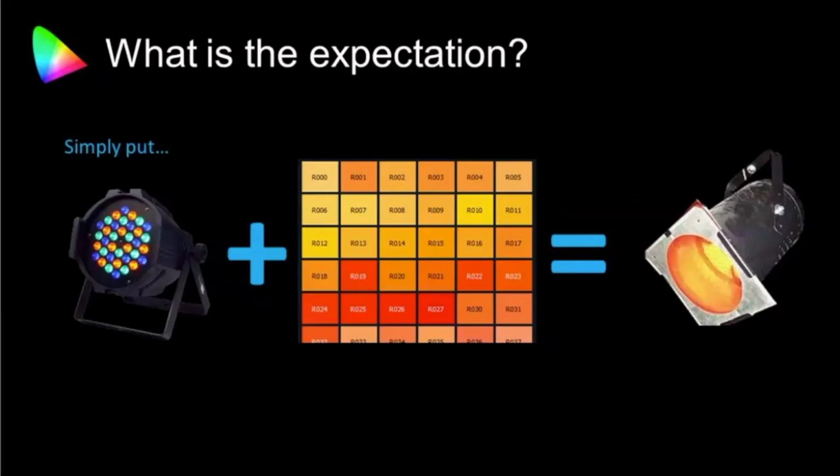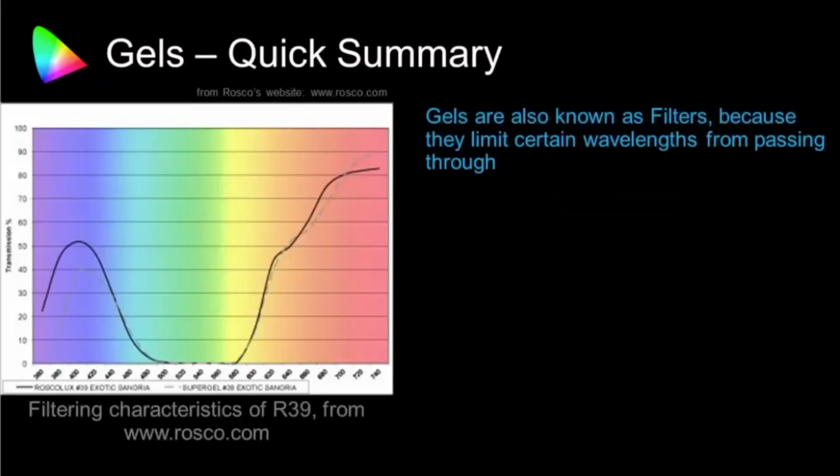So let's first examine a little bit about what gel is and why gel changes the color of an incandescent source. Gels are also known as filters, and that's because they cut out certain wavelengths from passing through. So you can see these are the filtering characteristics of Roscolux 39, right?